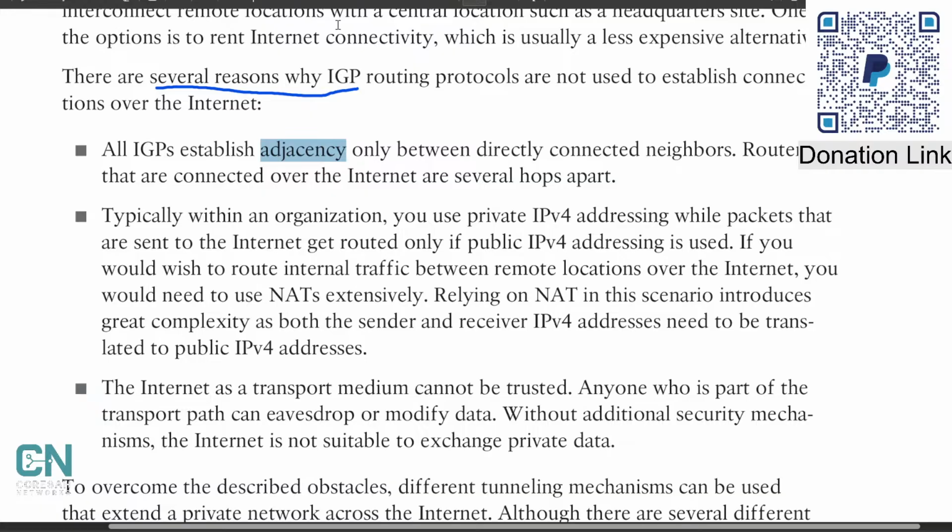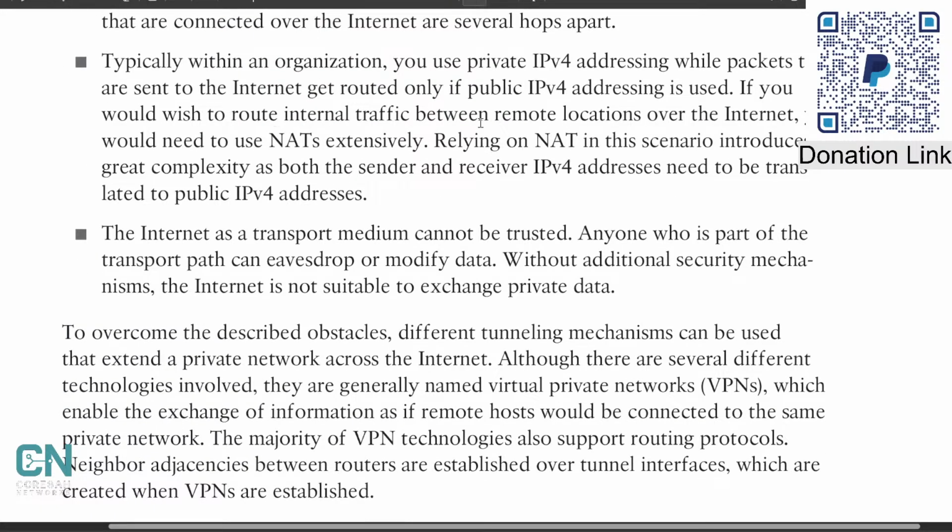If you wish to route internal traffic between remote locations over the internet, you would need to use NAT extensively. Relying on NAT in this scenario introduces great complexity, as both the sender and receiver IP version 4 addresses need to be translated to public IP version 4 addresses.